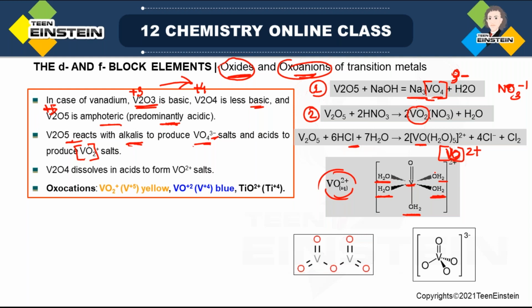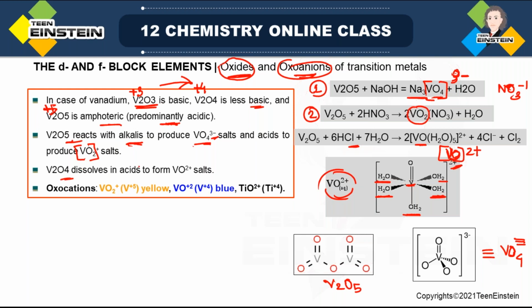So it will have an octahedral shape. Outside, the charge is mentioned, which is 2 plus. Here we also have the structure of V2O5, and this is VO4 3 negative charge. The structures of this oxocation and oxoanion are all given.